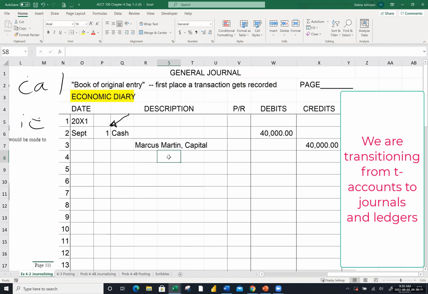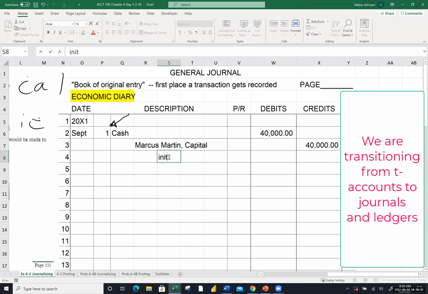Using Connect is very short term. It's in an academic environment. So I want us to get in the habit, as we're doing our homework, to try it first on a piece of paper, and get in the habit of writing that description, so that when you get in your 101 or your 102 classes, or you move on in your accounting classes, you will have formed these good habits for journalizing.